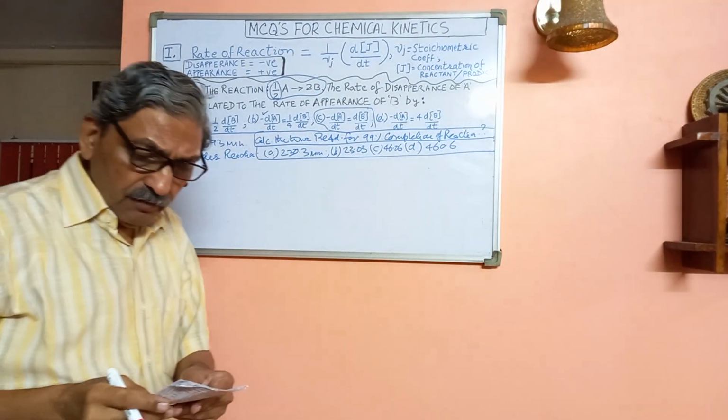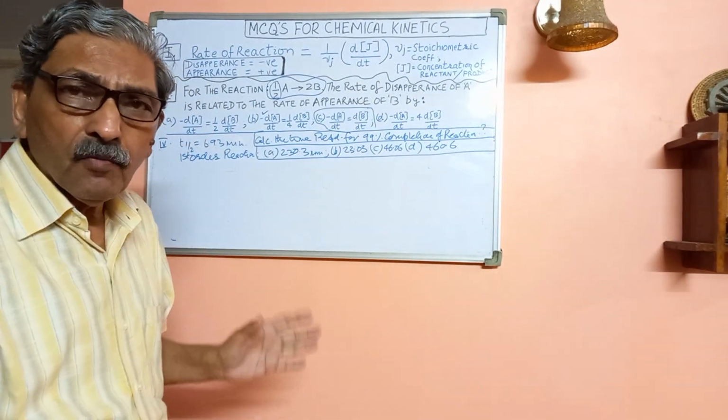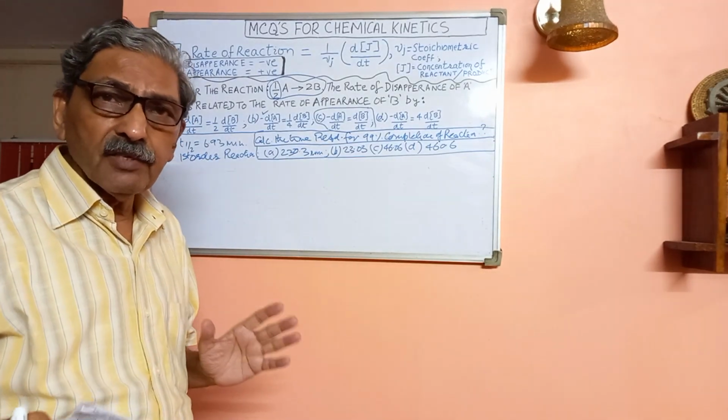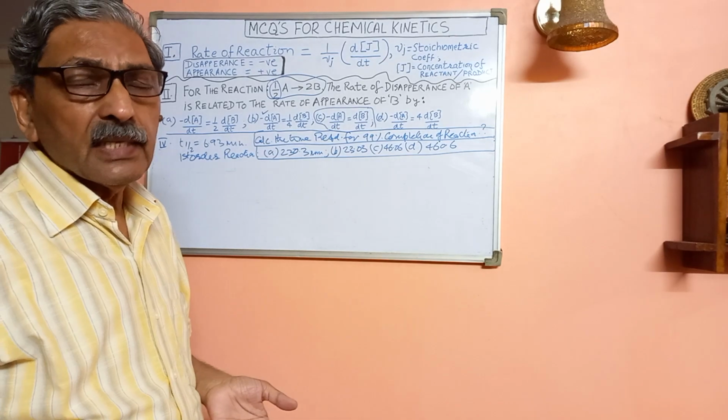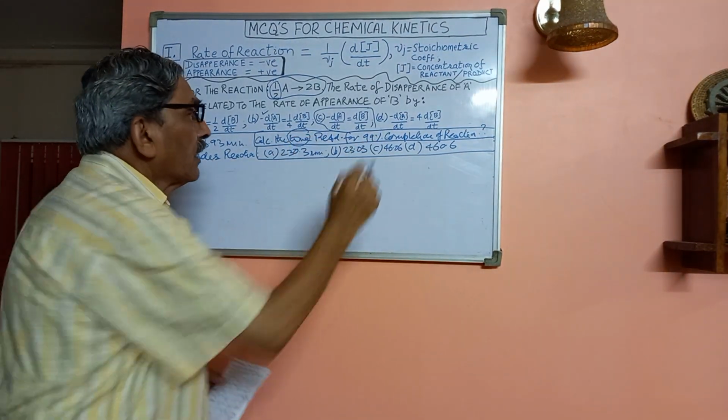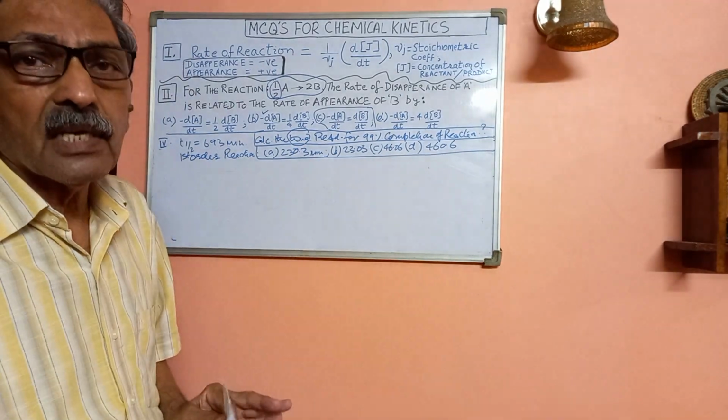Now again we have to follow the same procedure. In the first step we need to calculate our K, which is the rate constant, and then by using that K we have to figure out the time required for 99% completion. These are our two steps.